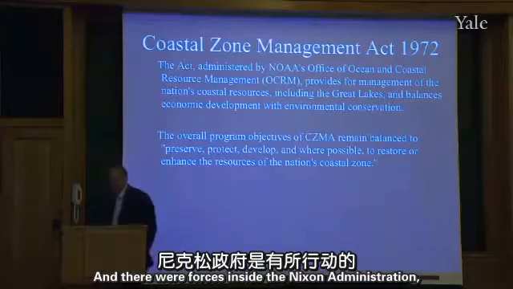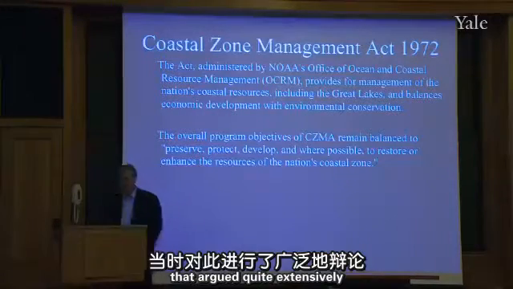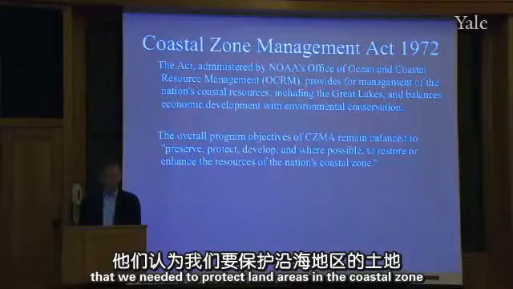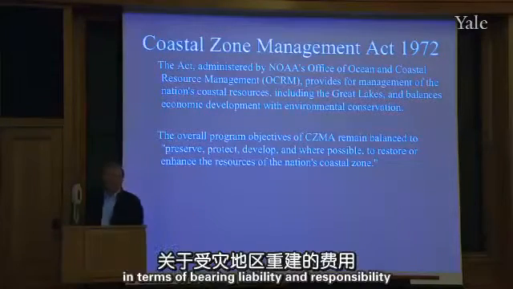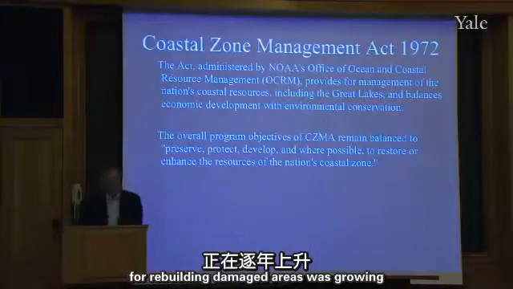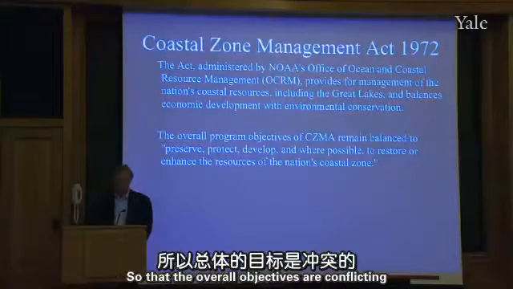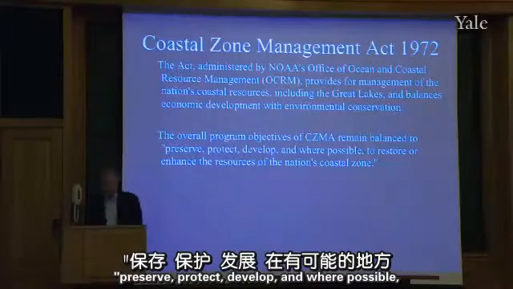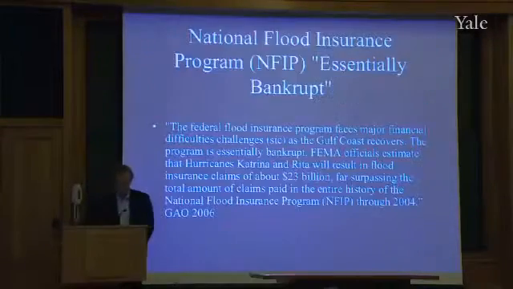And there were forces inside the Nixon administration, Republican administration, you recall, that argued quite extensively that we needed to protect land areas in the coastal zone and that the cost to the nation in terms of bearing liability and responsibility for rebuilding damaged areas was growing and was going to be potentially overwhelming. So the overall objectives are conflicting and include the phrase preserve, protect, develop, and where possible to restore or enhance the resources of the nation's coastal zone.